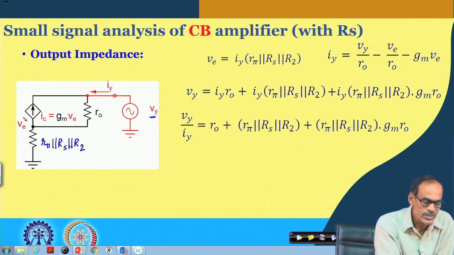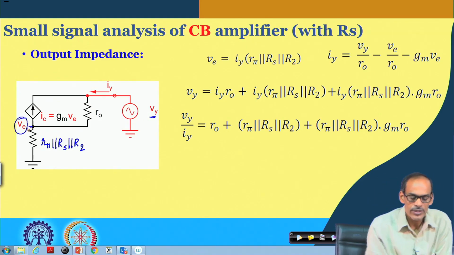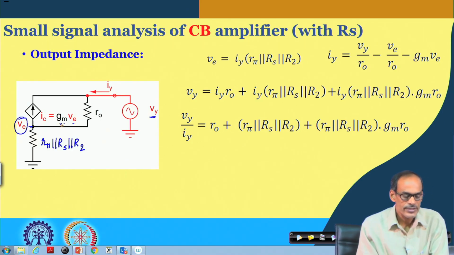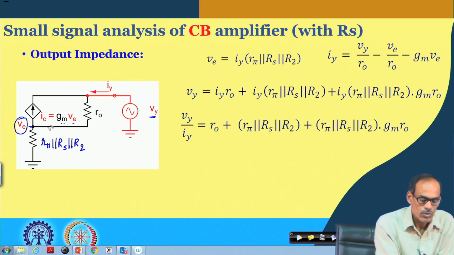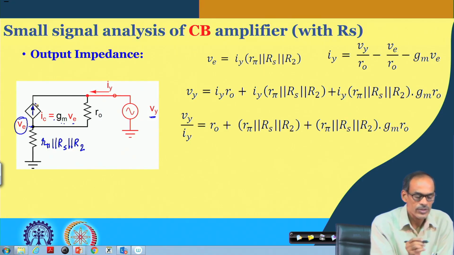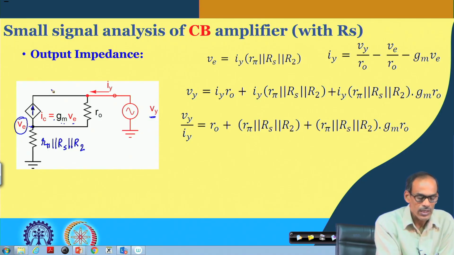First of all, the voltage here at the emitter is V e, and the current here was G m into V b e, and V b e is essentially minus V e. So, we have dropped the minus sign here and changed the polarity of the current. The current flowing from emitter to collector is G m into V e.